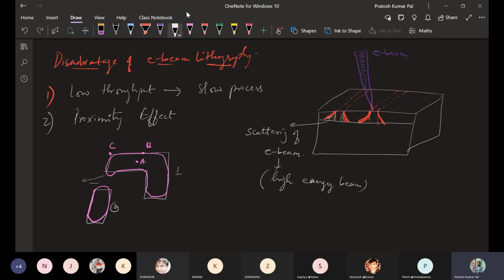This extra exposure is considered inter proximity, and the gap in between these two is considered intra proximity. This is a type of proximity effect only.